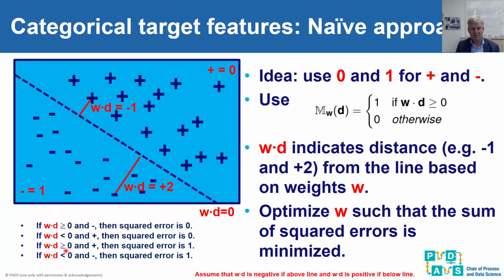Here we predict that it is a plus, but in the real data it is a minus, and then we have an error. So this is the basic idea. We have transformed this classification problem into a problem where we can still talk about the sum of squared errors.